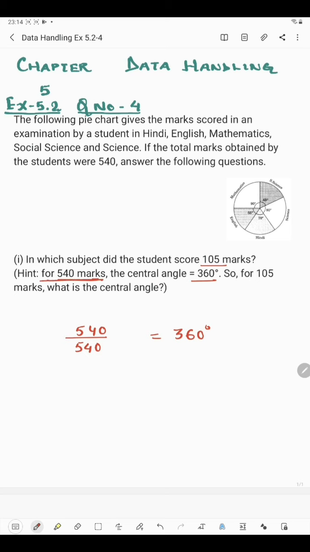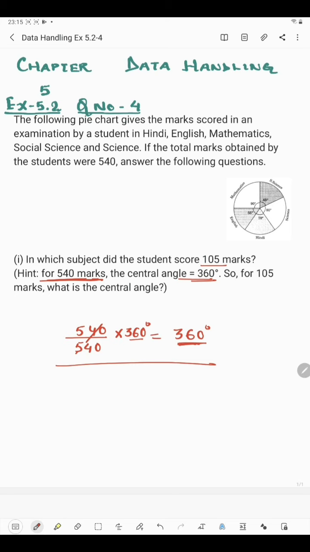Now 540 and 540 will be cancelled and we will get 1. So how will we get 360 degree? If you multiply by 360 degree, then 1 into 360 degree is 360 degree, right? So we will use this to get the central angle.